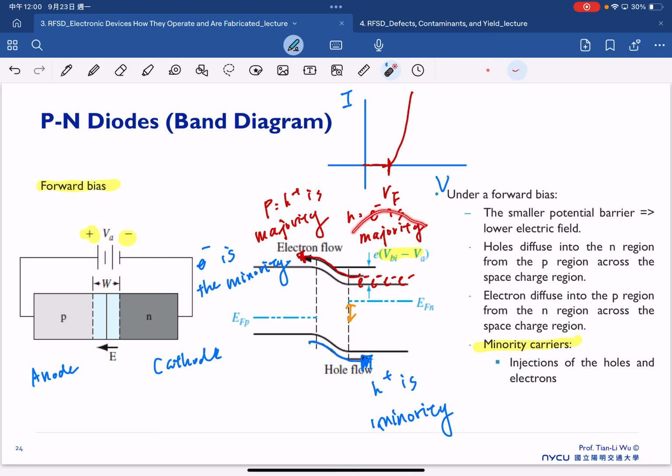So now we have the majority electrons injected into the P region becoming a minority, and then we have the majority holes injected into the N region becoming a minority. In most cases, we don't have to worry about majority and minority, but the most troubling part is that there are so many secondary effects when the minority carrier is larger than the majority. Then we get so many problems that need to be understood. But here, we won't talk too much about it.